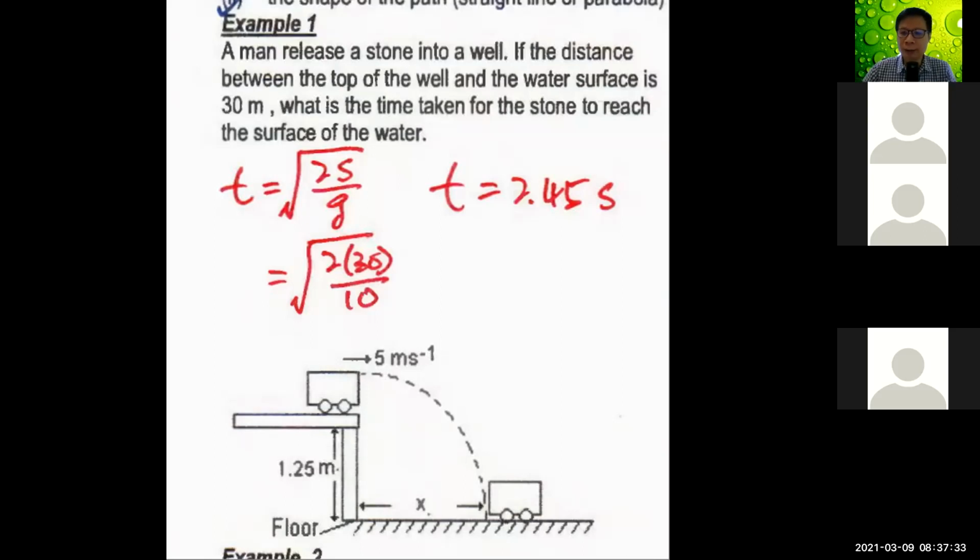Next, last lesson we learned one very important formula. What was the formula, Charisma? Square root of 2s over g. Yeah, square root of 2s over g. This formula is for us to calculate what?